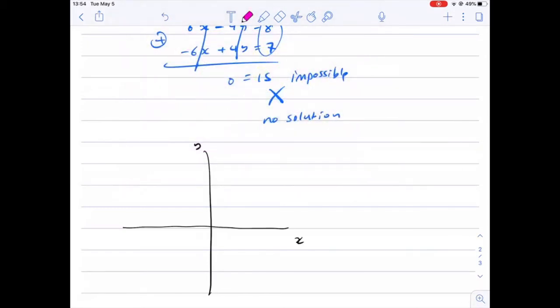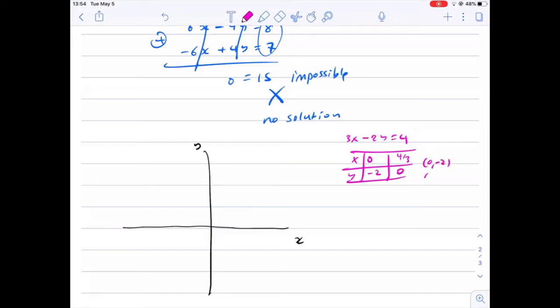In order to graph the first equation, 3x minus 2y equals 4, we can take x equals 0 and y equals 0 and then find the 2 points, ordered pairs. When x equals 0, y equals negative 2. When y equals 0, x equals 4/3.